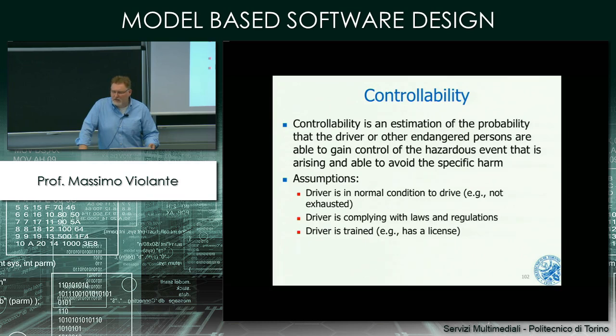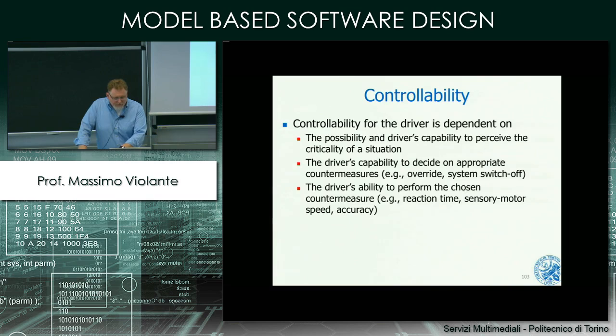Is behaving, let me say, according to the regulation or almost according to the regulation, so he's not a pirate, and he or she is trained, so there is a driving license.